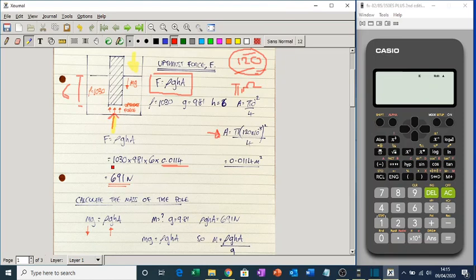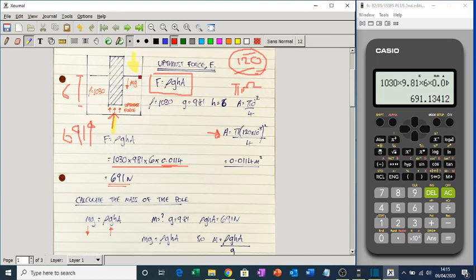So using this here, 1030 times by 9.81 times by 6 times by 0.0114, 691. So whatever this thing is floating, the upthrust force is 691. That's how much force is going up. Newtons, obviously.